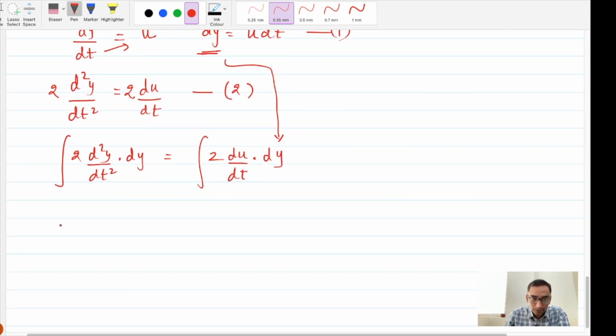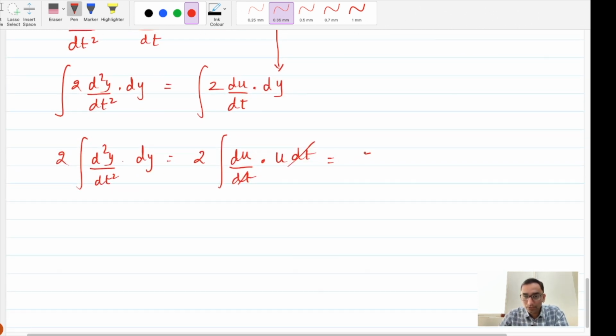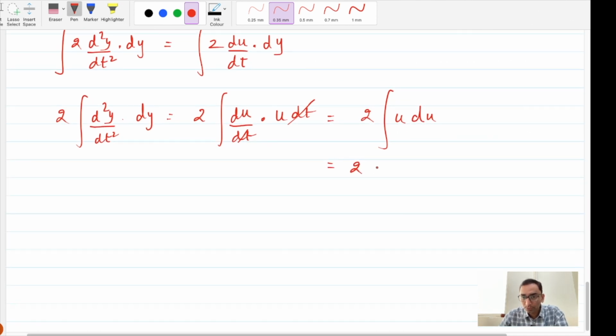So this becomes 2 times integration of d2y by dt2 times dy, that is, 2 comes outside, du by dt times dy is u dt, dt gets cancelled. So this is basically equal to 2 integration of u du, and integration of u is u square by 2. So 2 gets cancelled.